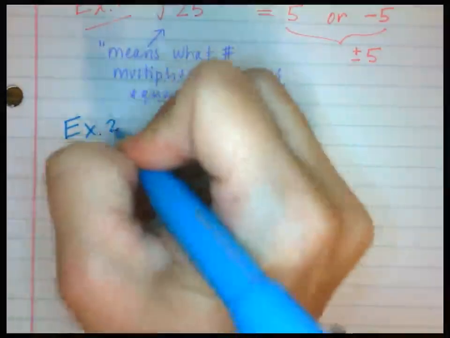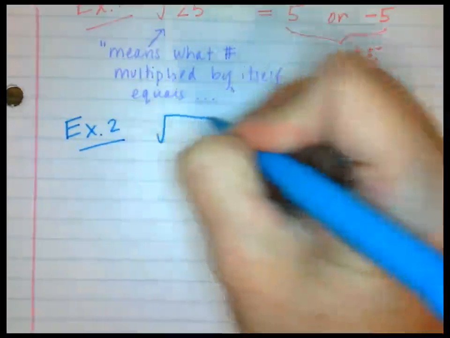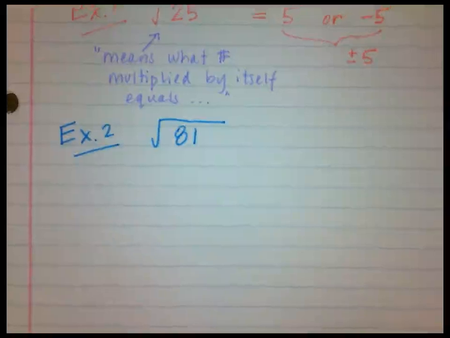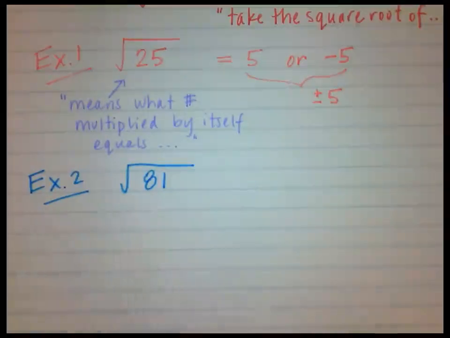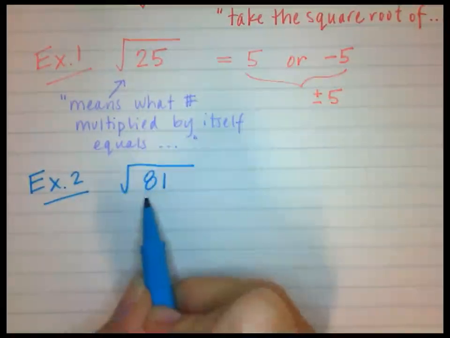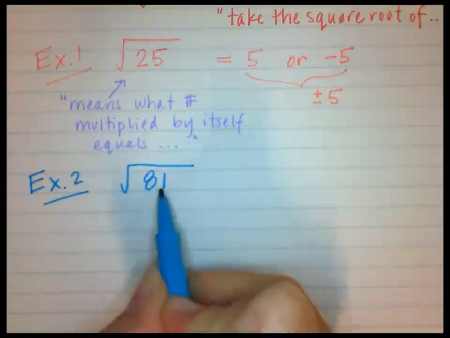All right, so let's try another one. If we had, for example, the square root of 81. Now these are your flashcards, but they are your flashcards backwards. So you should be able to recognize these pretty quickly. This right here is saying take the square root of 81.